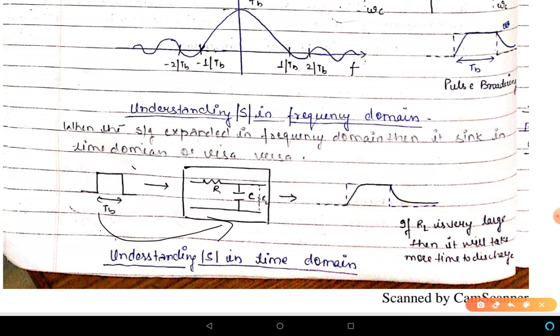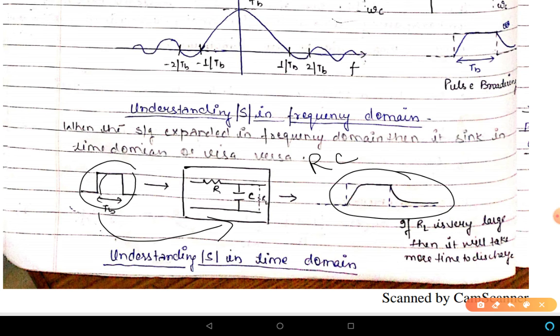So when this pulse is passed through a low pass filter, the output will be like this. Initially it will charge, my capacitor will charge with the time constant RC. The charging time constant is RC.